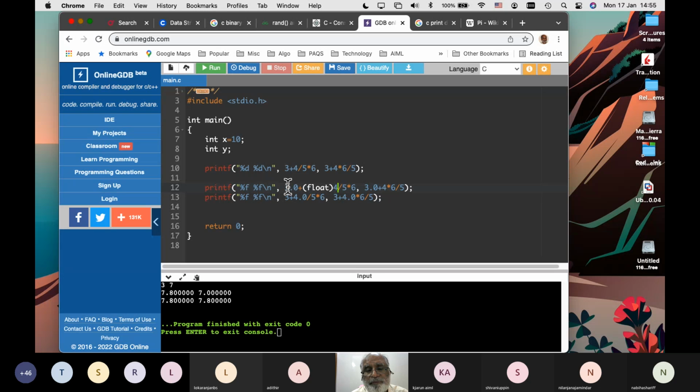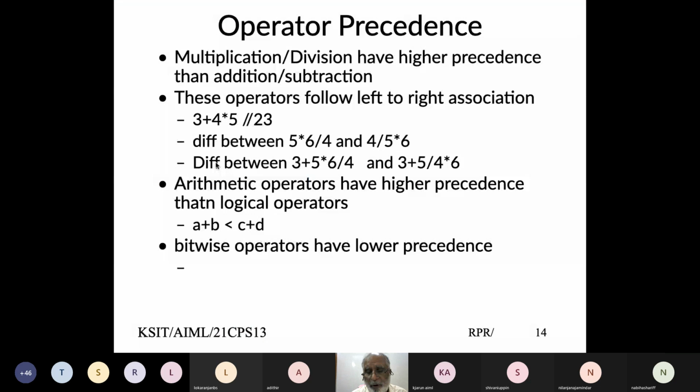But in this case here, since the parenthesized part has precedence and is computed first, this is taken as integer evaluation. So this gives you only 4, and 4 is added to 3, you get 7. So you have to be very careful with implicit conversion, how the float and other things happen, and that's the point I'm trying to indicate.